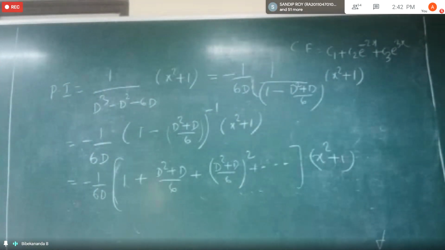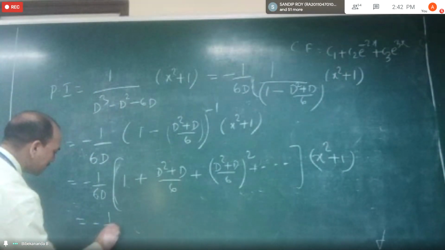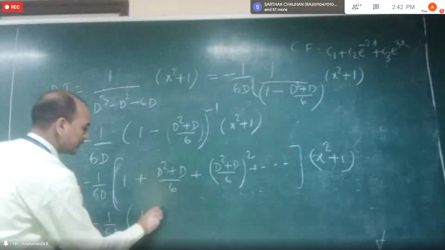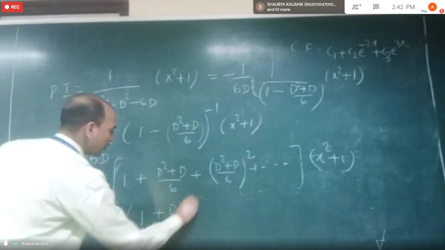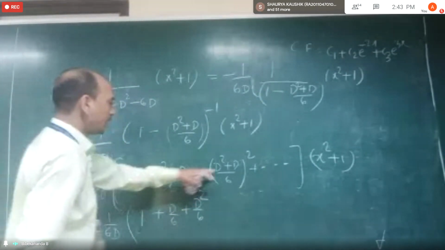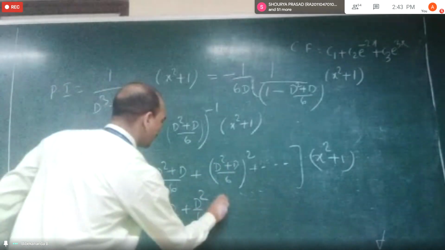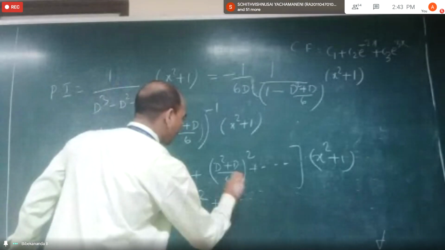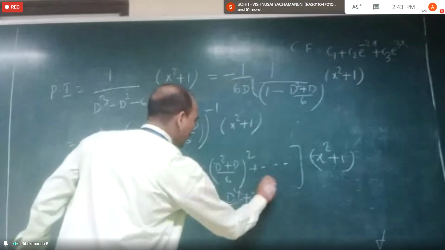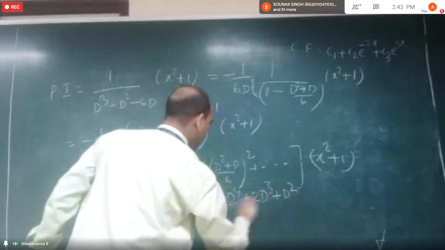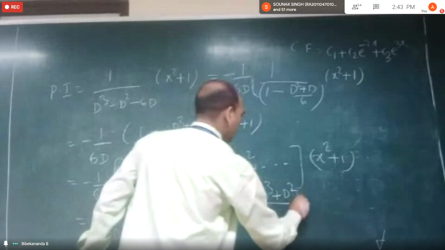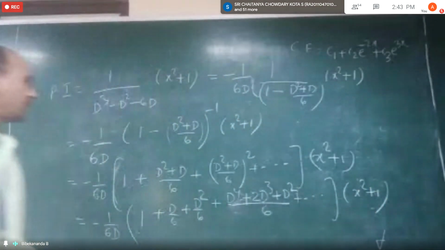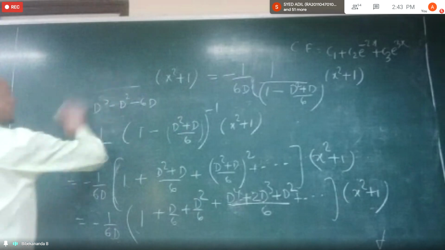Now you simplify it: minus 1 by 6D and whole into 1, and this will be D by 6 plus D square by 6, and what will this be if you open it? D4 by 6 and D4 plus 2D cube plus D square divided by 6, and so on, into x square plus 1. So in this expression, what are the terms?